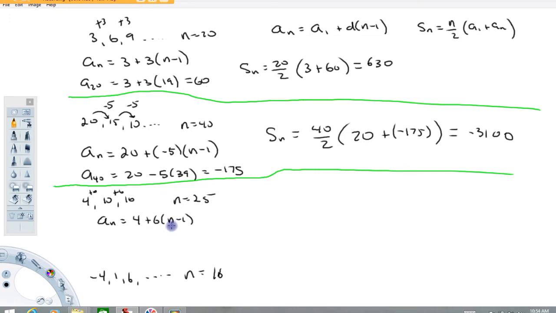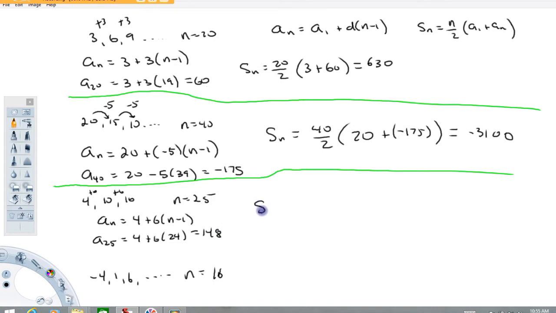It would just be n here if we started it at n equals 0, but I want to be consistent with the book that I'm using for this class. We're going to need the 25th value. That's going to be 4 plus 6 times 24 by the time we do n minus 1. I get 148 out of that.